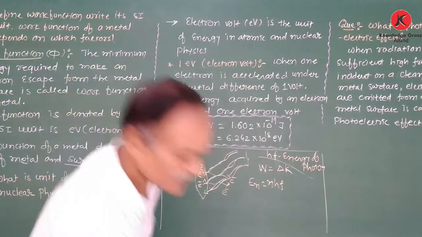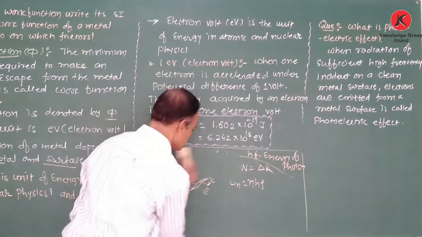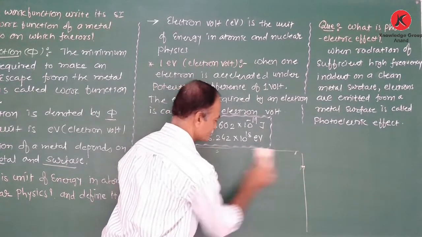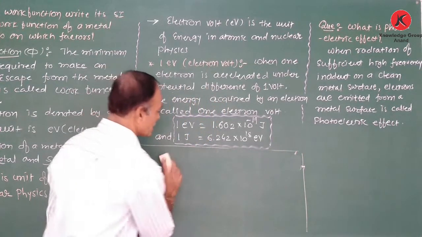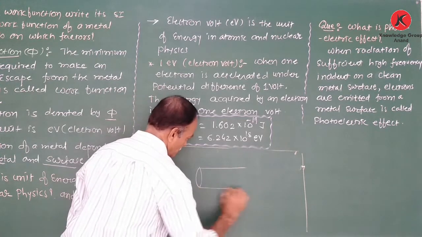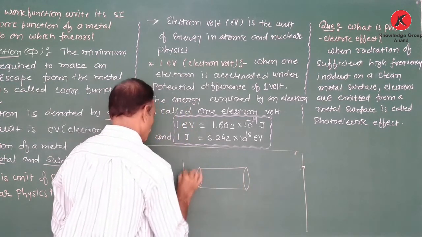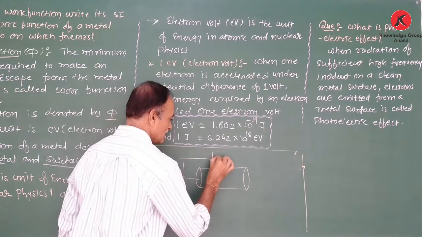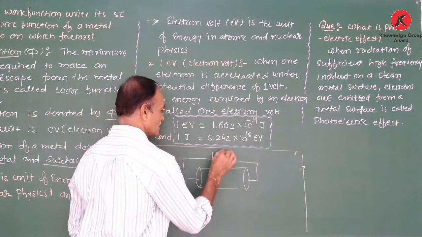For that purpose, here we just try to understand. Suppose there is a conductor. We apply a 1 volt DC supply across this conductor.